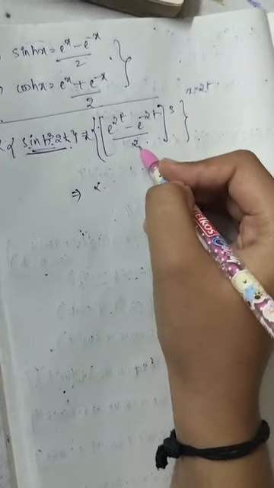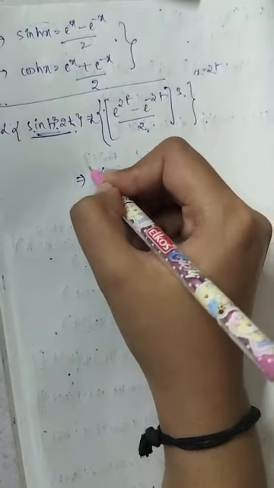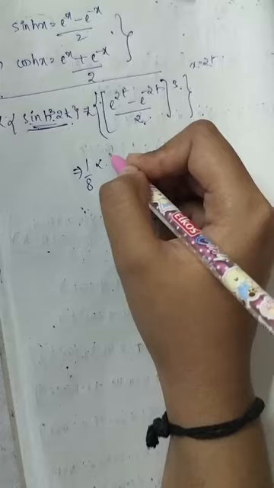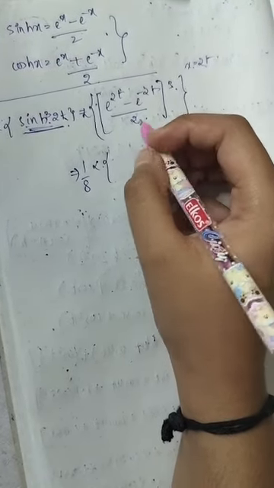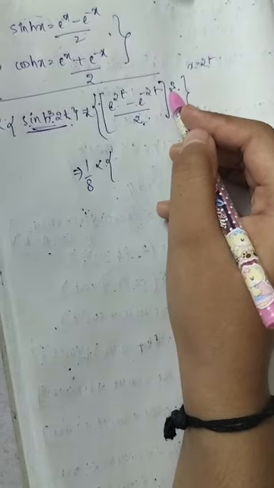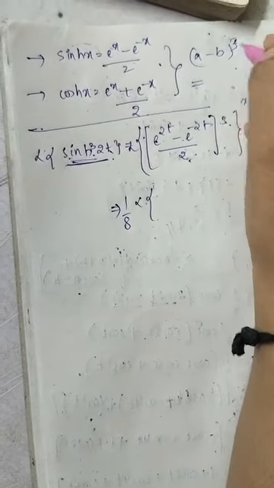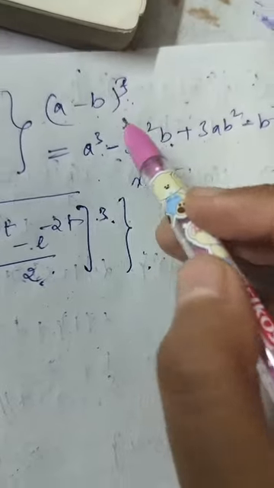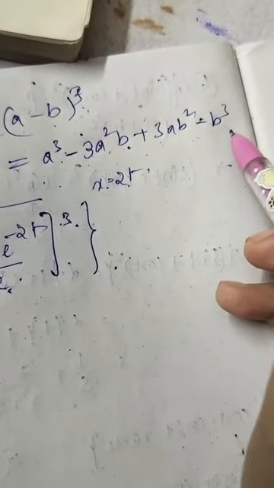Now 2 cube is 8, so 1 by 8 we will take outside. Then Laplace transform of a minus b whole cube format. What is the a minus b whole cube formula? It is a cube minus 3a square b plus 3ab square minus b cube.